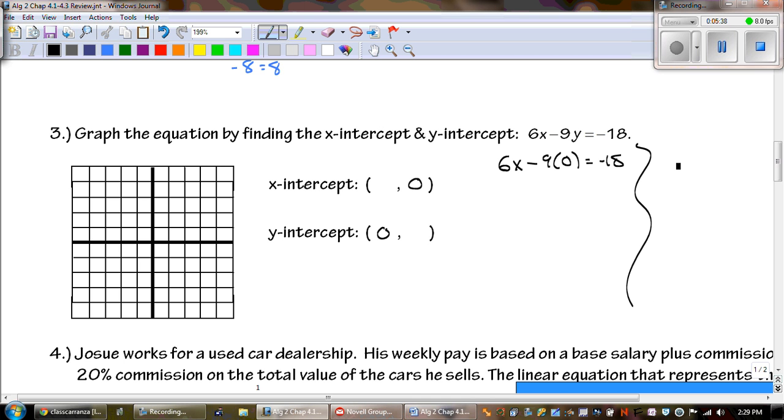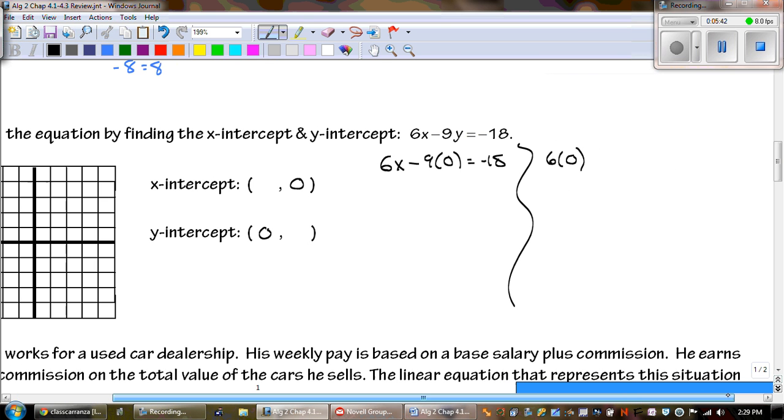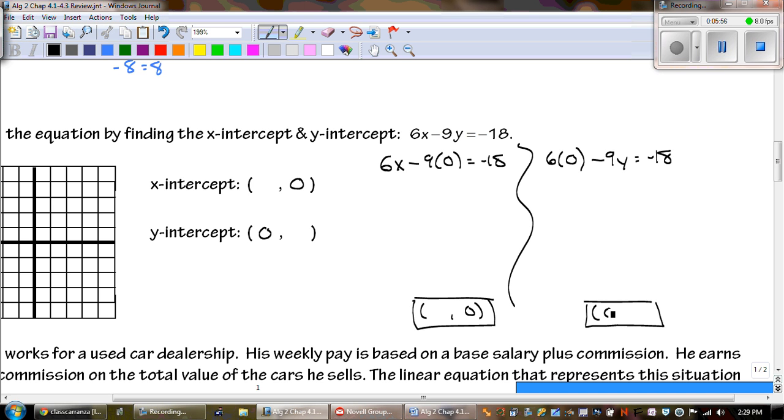And then we're doing the same equation, but now we're plugging in 0 for x. And what I like to do right here at the bottom where my answer is going to be, I'm going to write the ordered pair right away so I don't get them confused.